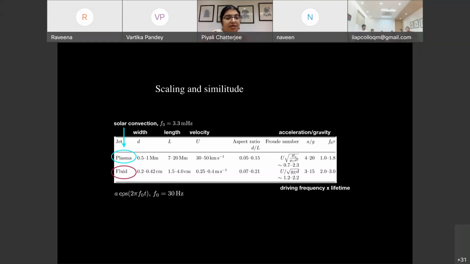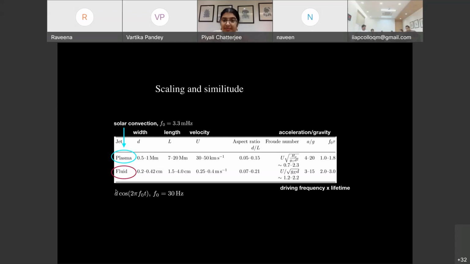Whereas in the paint, we apply parametric forcing. It has two parameters: the amplitude of the acceleration A, and the driving frequency f naught. This f naught in the laboratory we take to be 30 hertz, which is what is known as the subwoofer frequency or bass frequency.